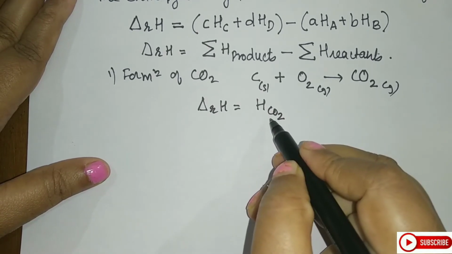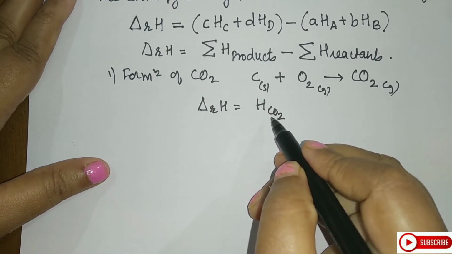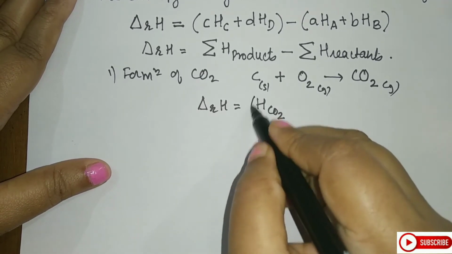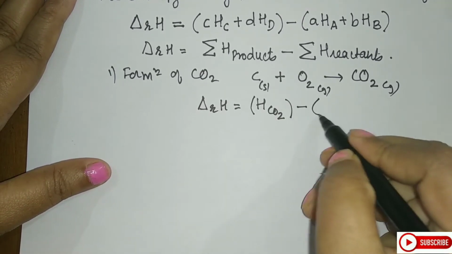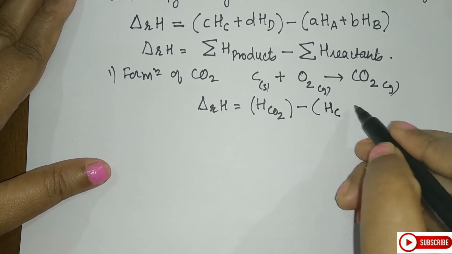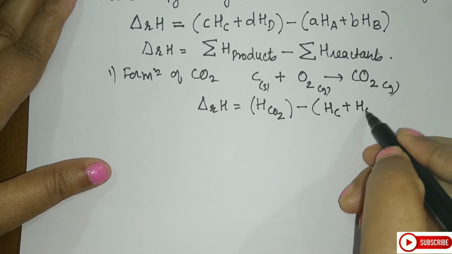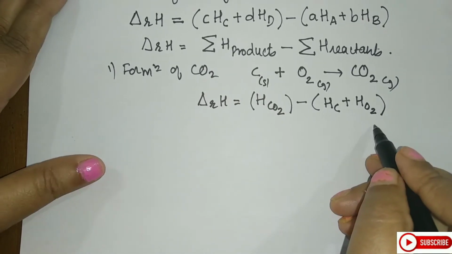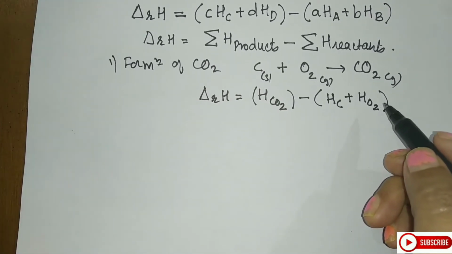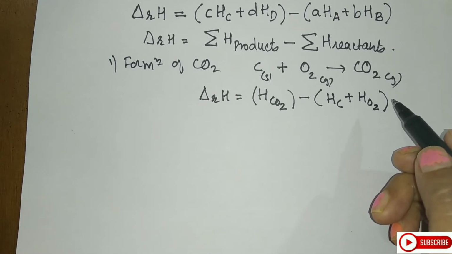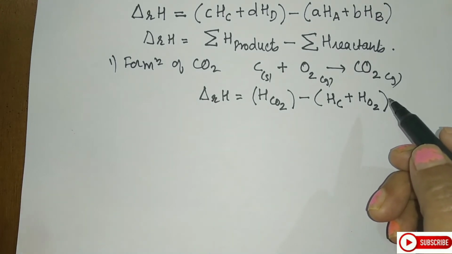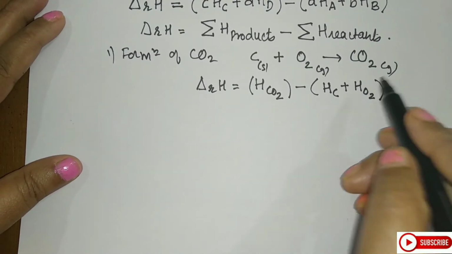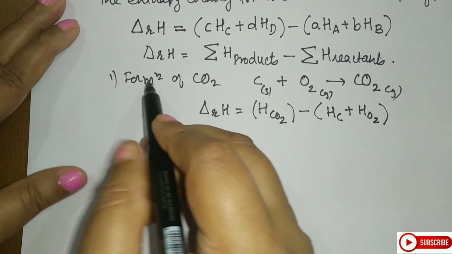There is only one product, so it will be one time the enthalpy of the product, minus enthalpy of carbon plus enthalpy of oxygen. So in this way you have to arrange. Students, the enthalpy of any substance in its free elemental state is always 0, which will be seen in coming videos. So this is what the enthalpy of chemical reaction actually is.